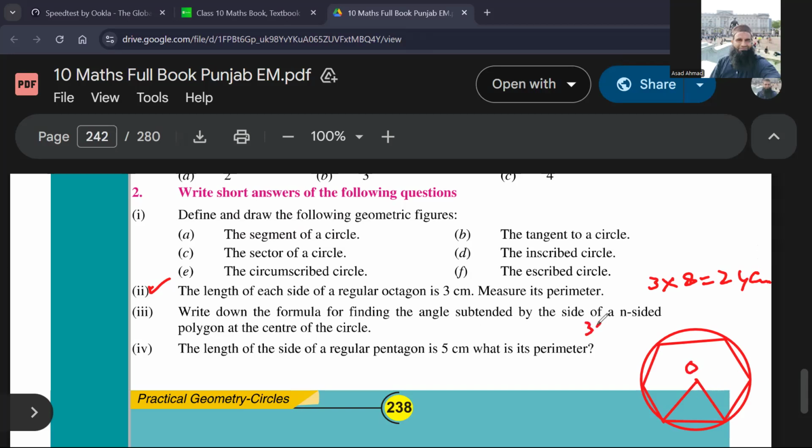So we will divide 360 by n to find each central angle of an n-sided polygon. Subtending means that for the two endpoints of each side, what angle will be formed. So right here it is a hexagon.